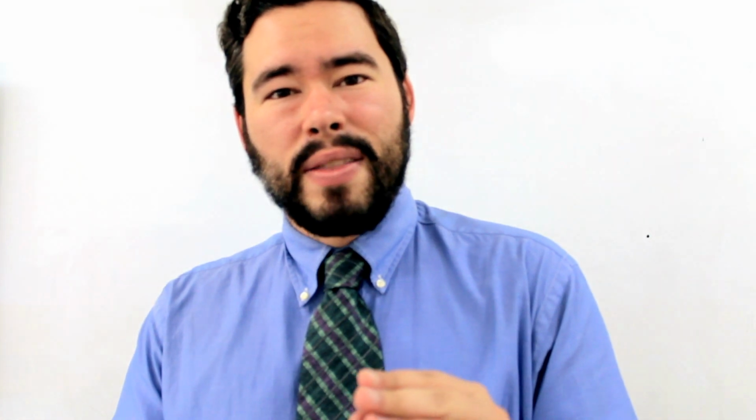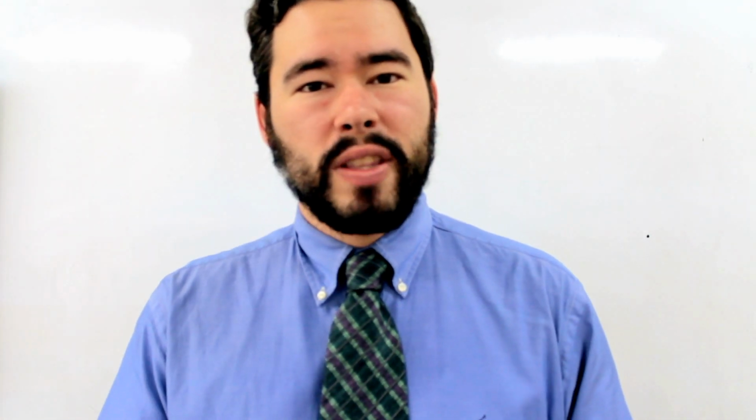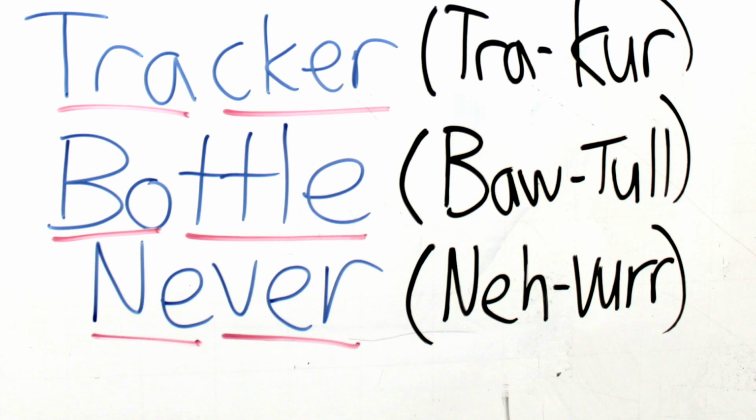Now, this is also very important. Some syllables end with the vowel sound, and then the next syllable is started by the consonant. Some examples on the board are tracker, bottle, and never.